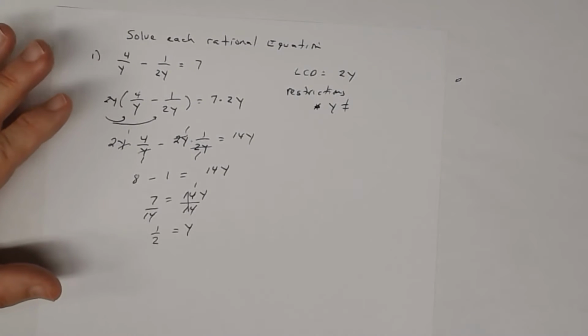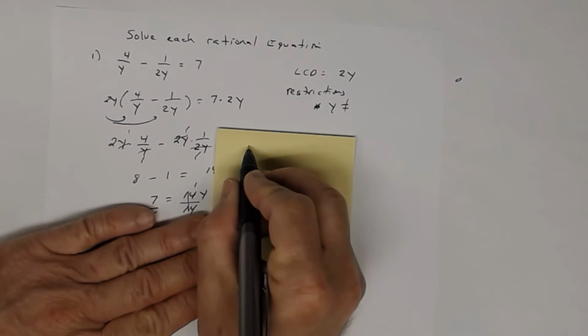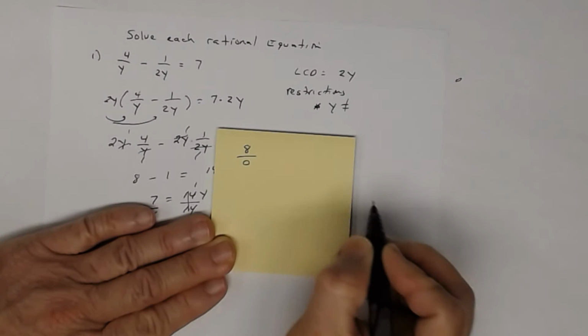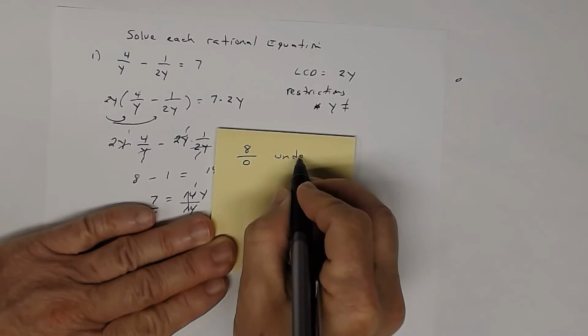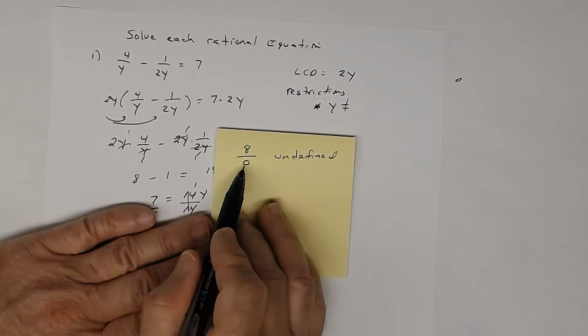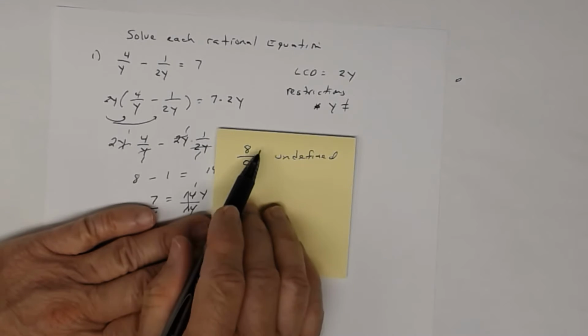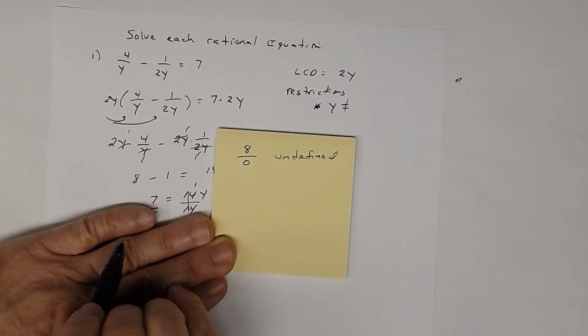So remember, when we're dealing with fractions, you may recall that any number divided by 0 is undefined. All right, so when you have a rational expression, you don't want 0 to be in the denominator because that makes the expression undefined.